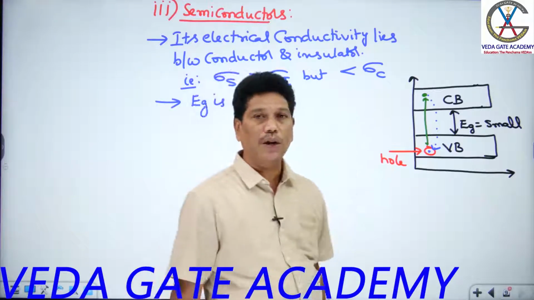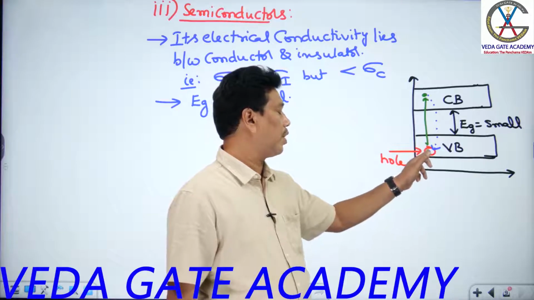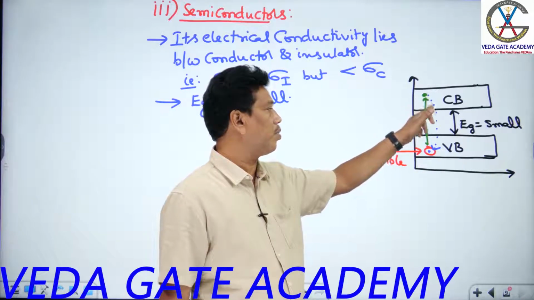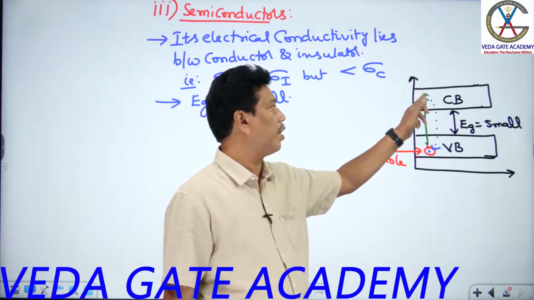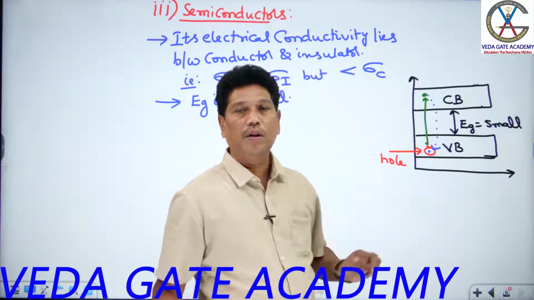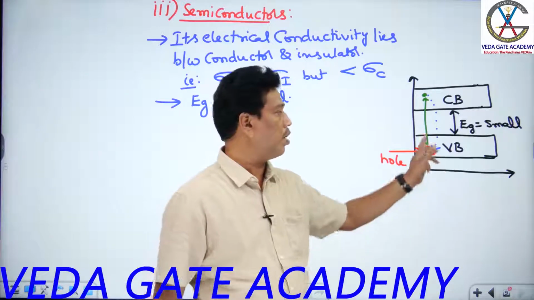Sir, you may ask one more thing. Here you say the electron jumps to the conduction band, you get a hole, no problem. But when the electron returns to the valence band, again you say there is a loss? The conduction band is only a visiting area for the electron. The permanent area for the electron is the valence band.